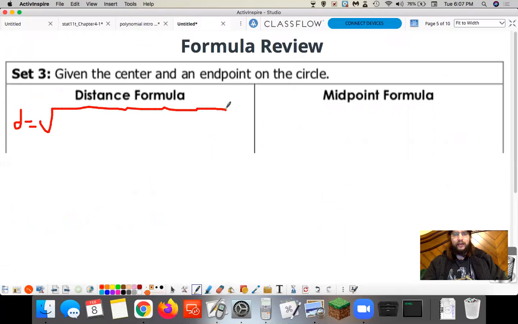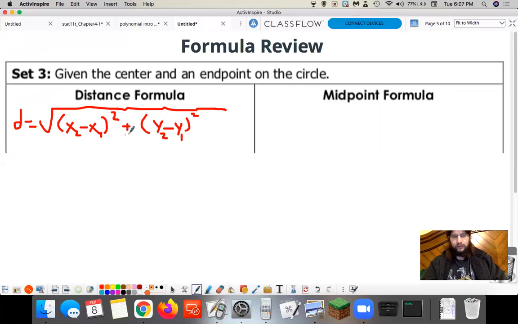It's basically just the Pythagorean theorem. The difference in your x's, so a would be the difference in your x's squared plus b would be the difference in your y's squared. And some people usually put it as x2 minus x1. You can also put x1 minus x2.